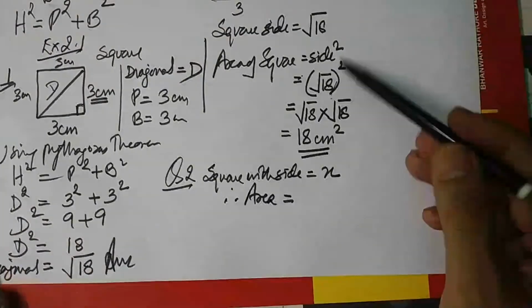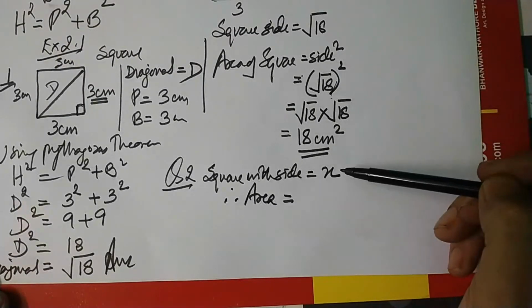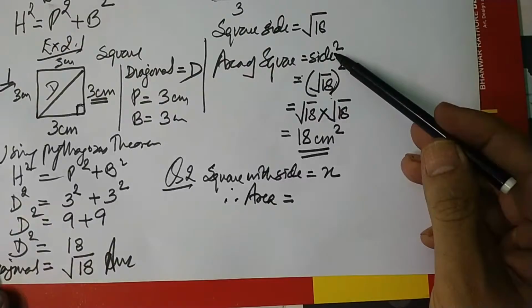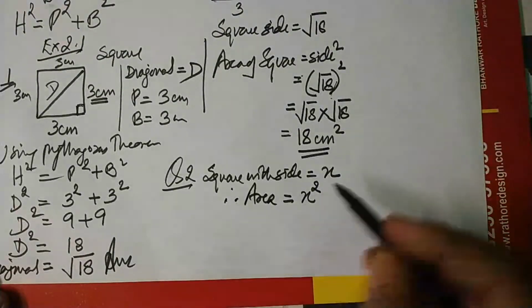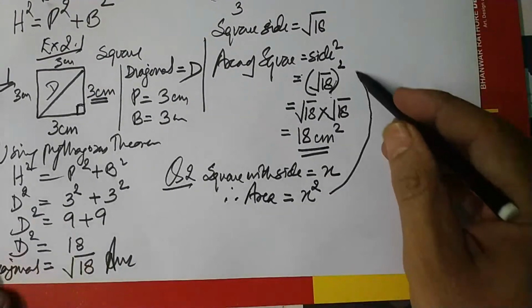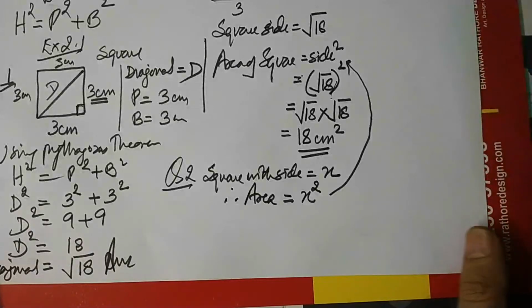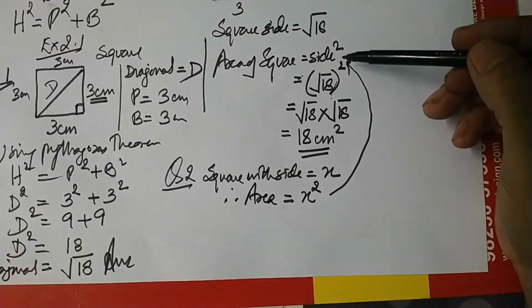Same formula. If the side is x, what will be the area? Side square. Side square means x square. I am using the formula which I have written here. Okay. So area of the square is side square.